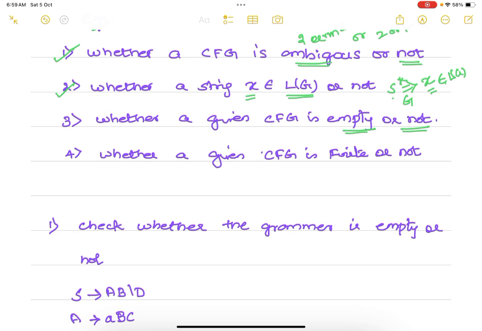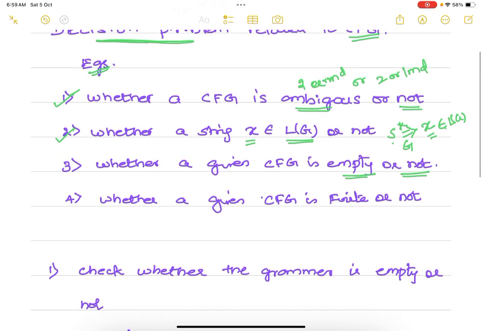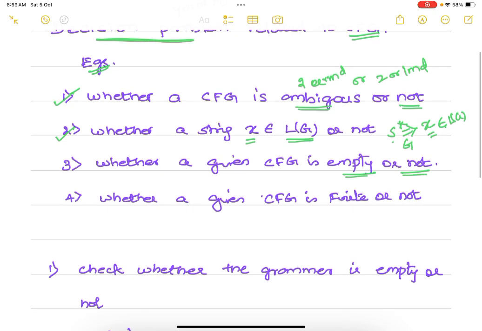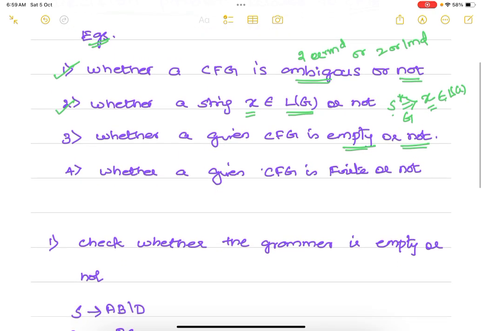Otherwise, it is empty. And you have one more decision problem. These are examples; we have other decision problems also. I have just described these examples here. One more example we are going to see is to check whether a given context-free grammar is finite or not. So we'll try to give examples for the third and fourth ones.